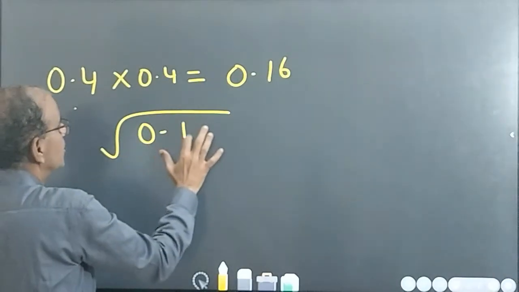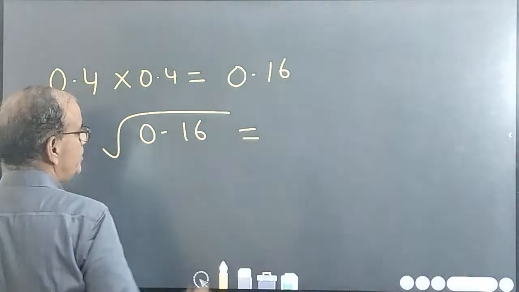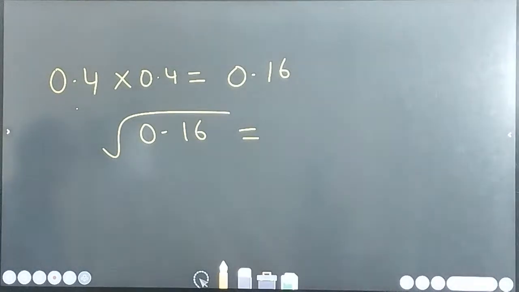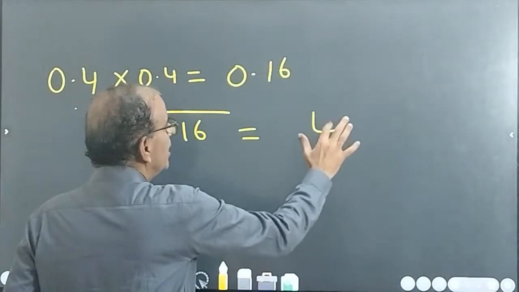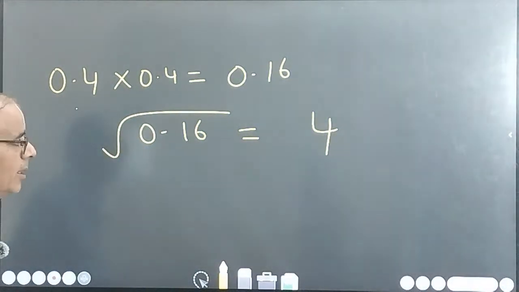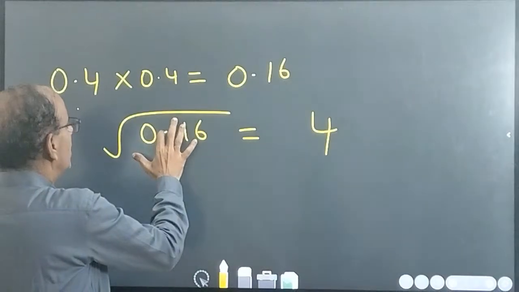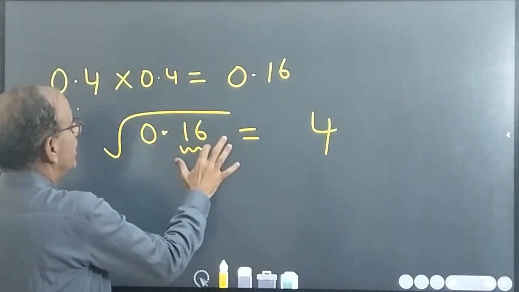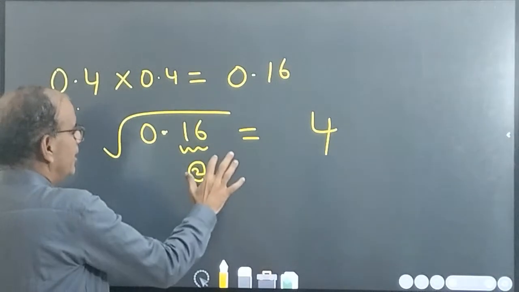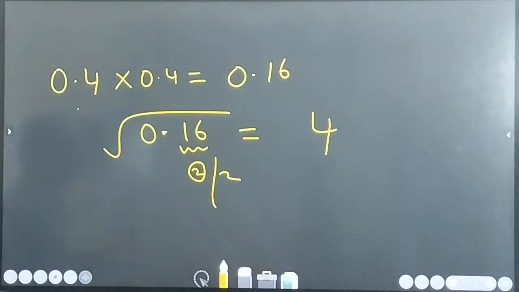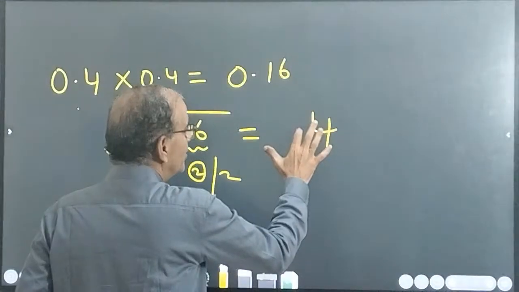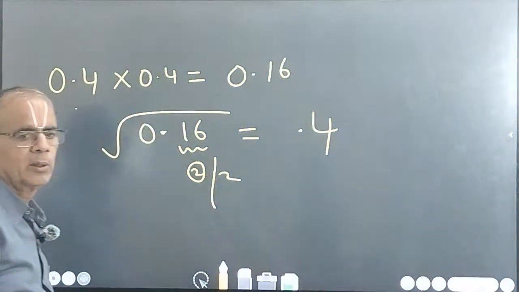Suppose I am taking the square root of 0.16. Without error, how do I do it? For 16, you find the square root. How much is it? 4. After the dot, how many digits are there? 2 digits are there. Just divide it by 2. That is, after the dot, only one digit should be there. What is the answer? 0.4.